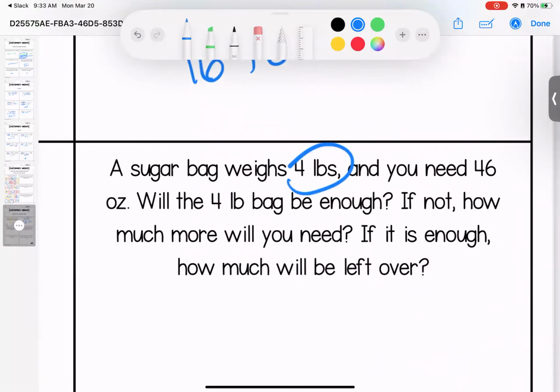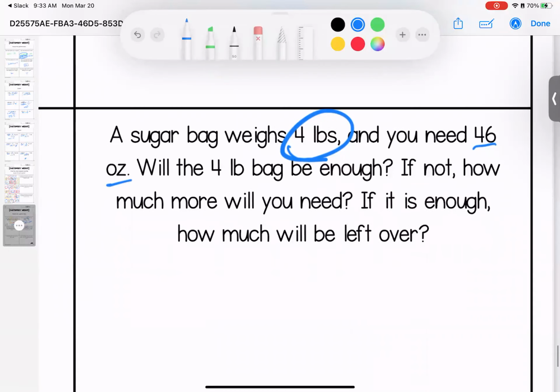A sugar bag weighs 4 pounds and you need 46 ounces. Will 4 pounds be enough? If not, how much more will you need? If it is enough, how much will be left over? So I need to first change my pounds to ounces. So 4 pounds times 16 ounces, because I know that there are 16 ounces in a pound.